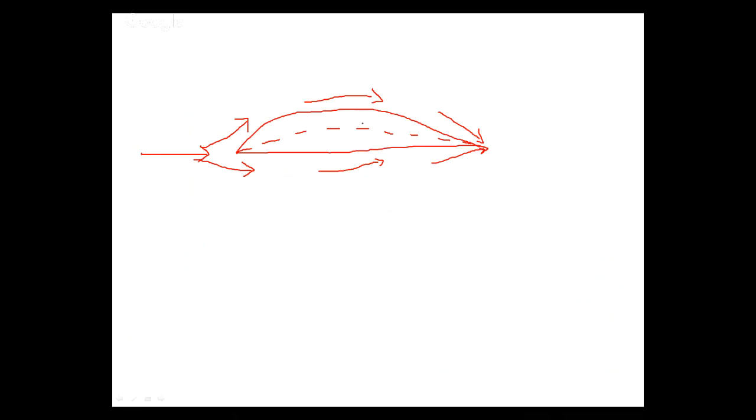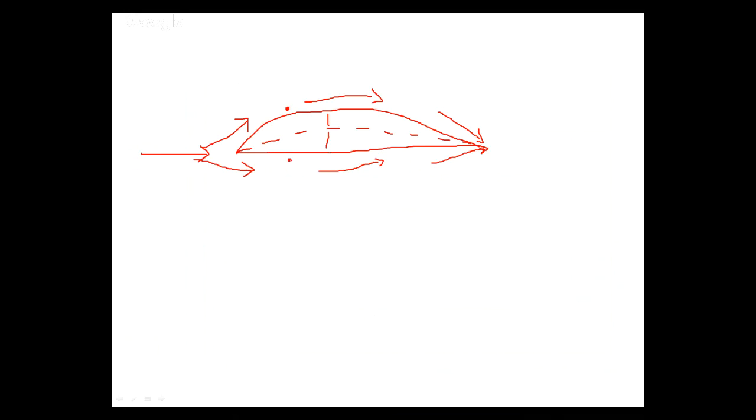Okay, so I've got my air molecule right here at the front of the top of the wing, and I've got my air molecule right here. For simplicity, we'll talk in terms of molecules. So we've already seen that the wing's cross section has a curved upper section and a flatter, maybe not completely flat, but a flatter lower section. And your camber line is equidistant between upper and lower surface.